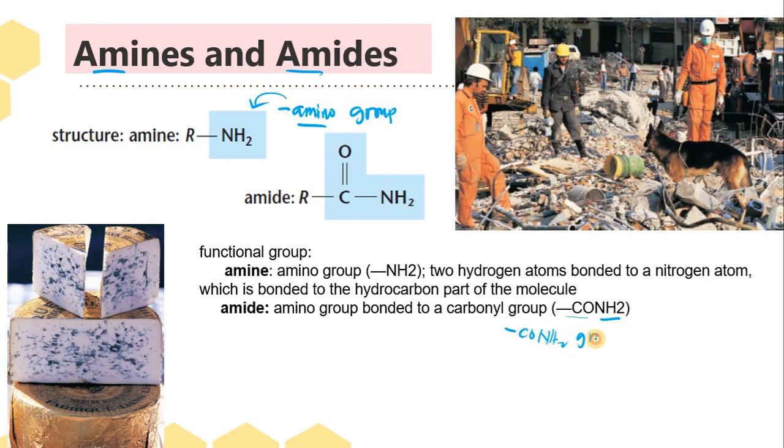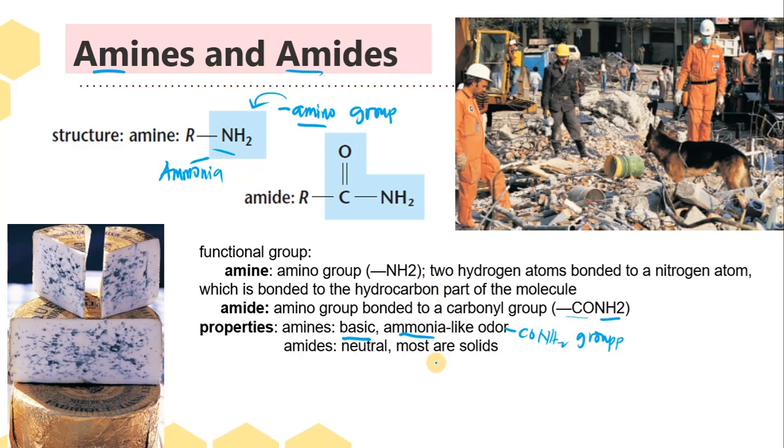Just name it that way, CONH2 group. The amines are basic. They're not acidic. Amines are strong bases. An example of this is ammonia. Basic, with an ammonia-like odor.